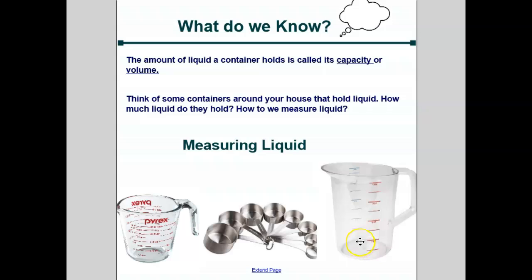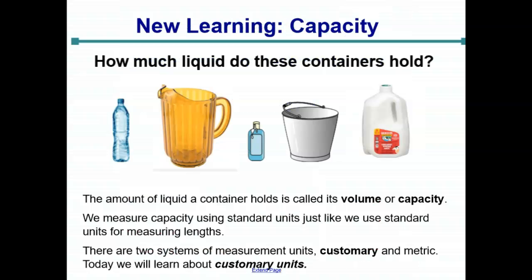And that allows us to measure out the liquid to know that we're adding the exact right amount into our recipe. So make sure that you remember that the amount of liquid a container holds is called its volume or capacity. And the larger the container, the larger capacity it has. It can hold more of a liquid.